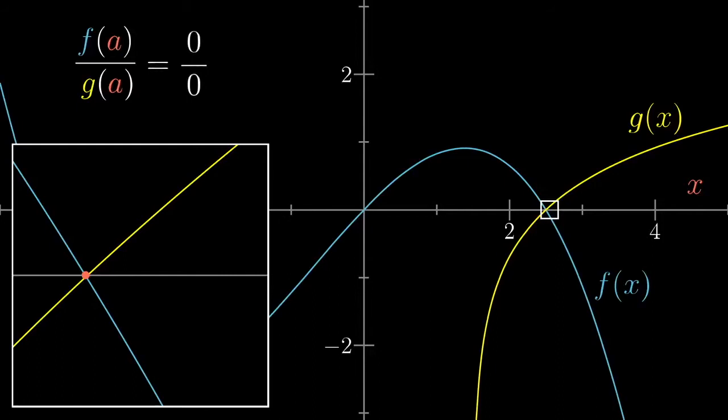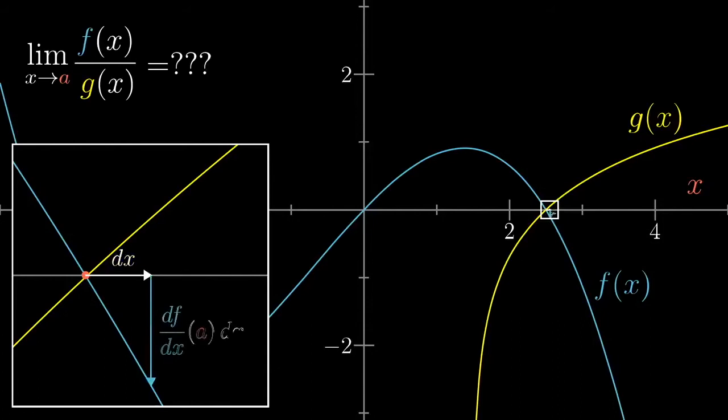Now, even though you can't compute f divided by g at this trouble point, since both of them equal 0, you can ask about this ratio for values of x really close to a, the limit as x approaches a. And it's helpful to think of those nearby inputs as just a tiny nudge, dx, away from a. The value of f at that nudged point is approximately its derivative, df over dx, evaluated at a times dx.